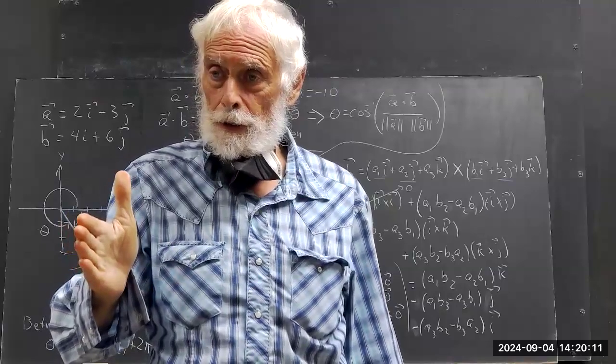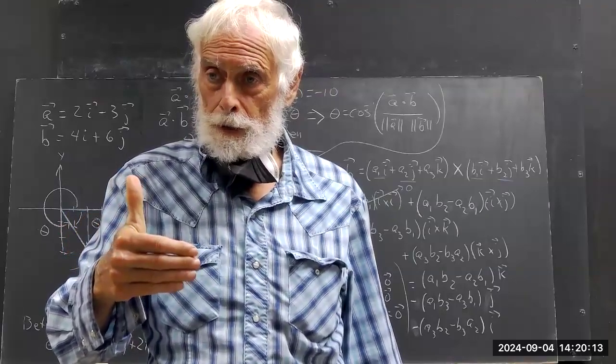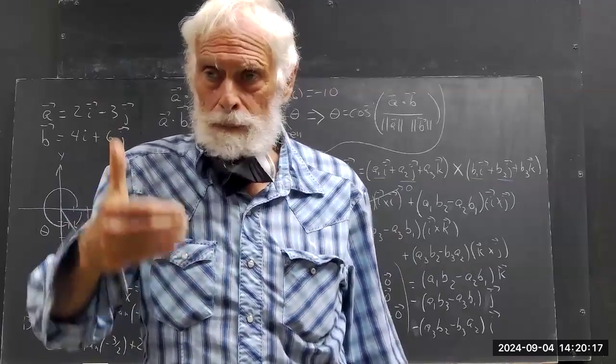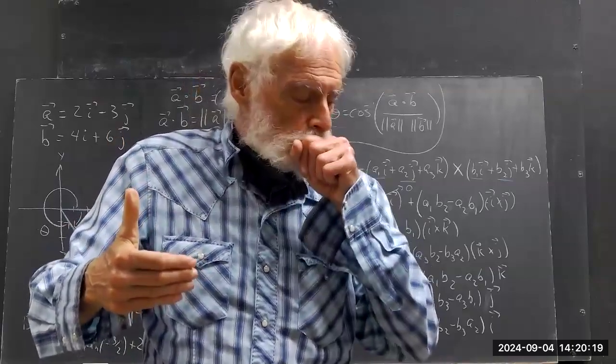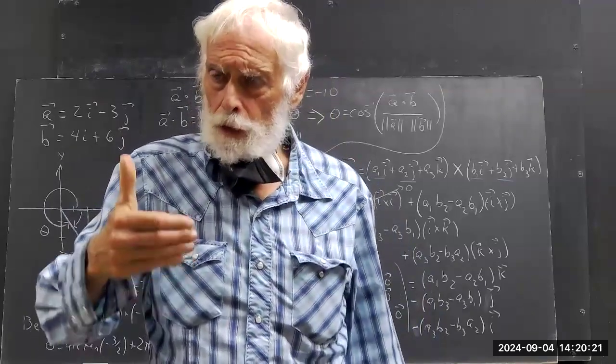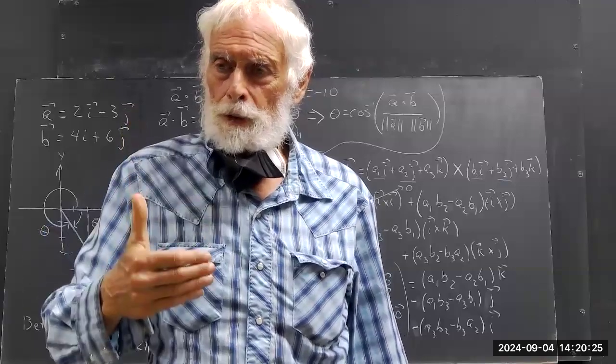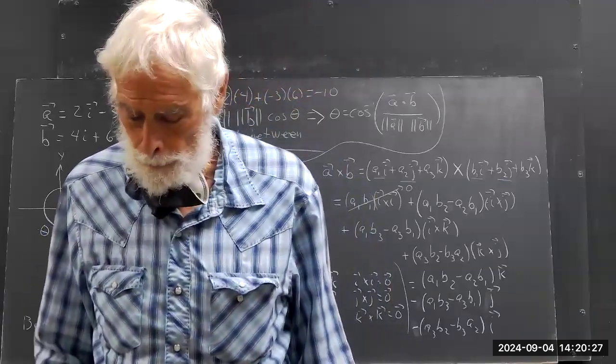The thumb has no choice but to be pointing upward, and that's the direction of the cross product, which is in the direction of the k vector.